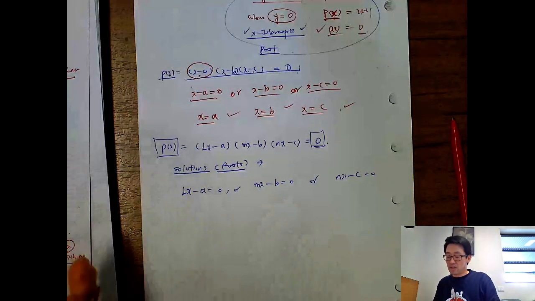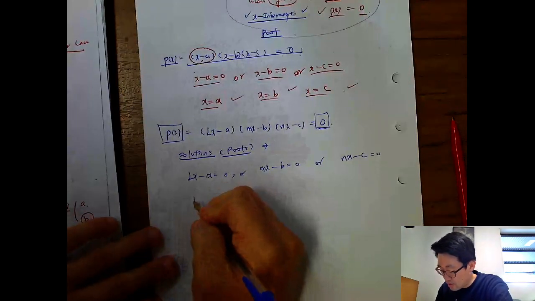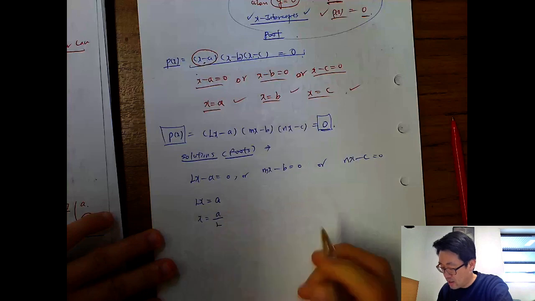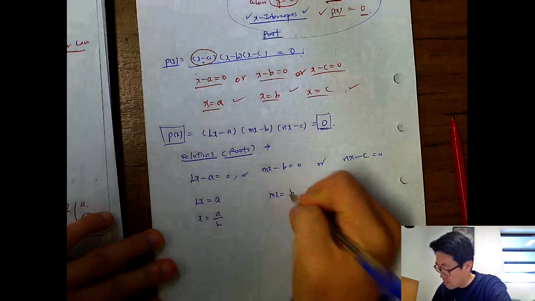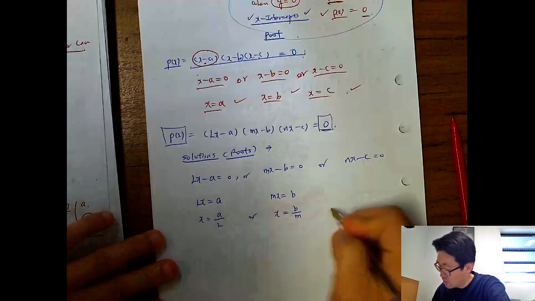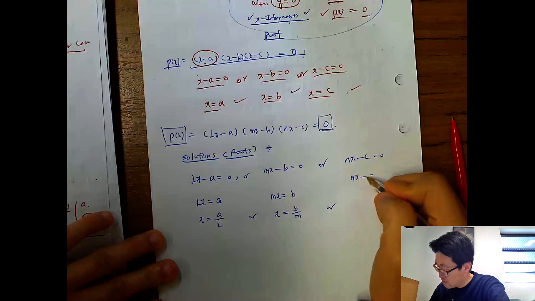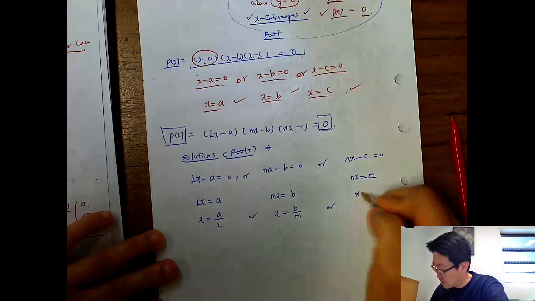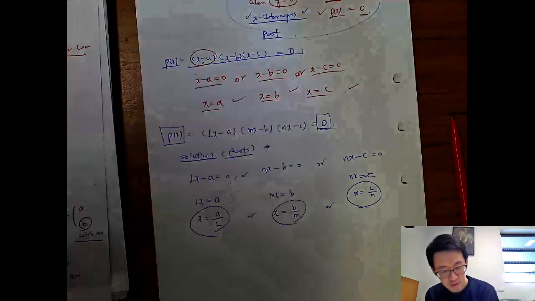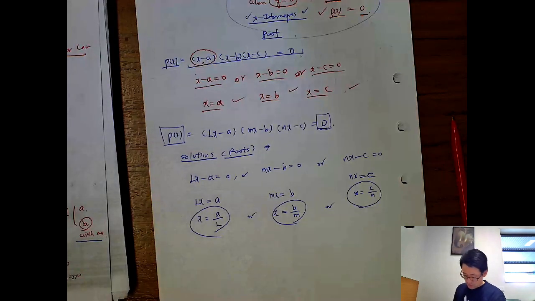It's a possibility. If that is 0, everything is 0 anyway. So let's get that. Lx equals a, x equals a divided by L. mx equals b, x equals b over m. Or nx minus c equals 0, so nx equals c, x is c over n. Those three. Okay? You guys are all happy with that? So that's what they talk about here.